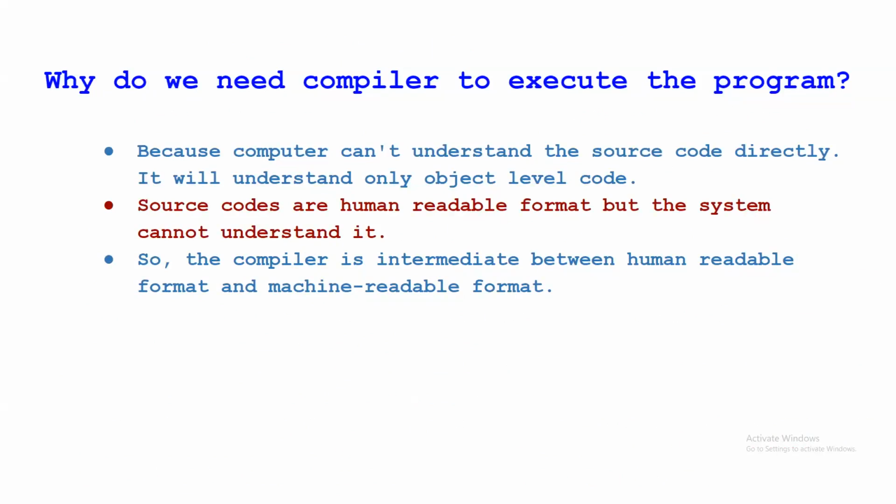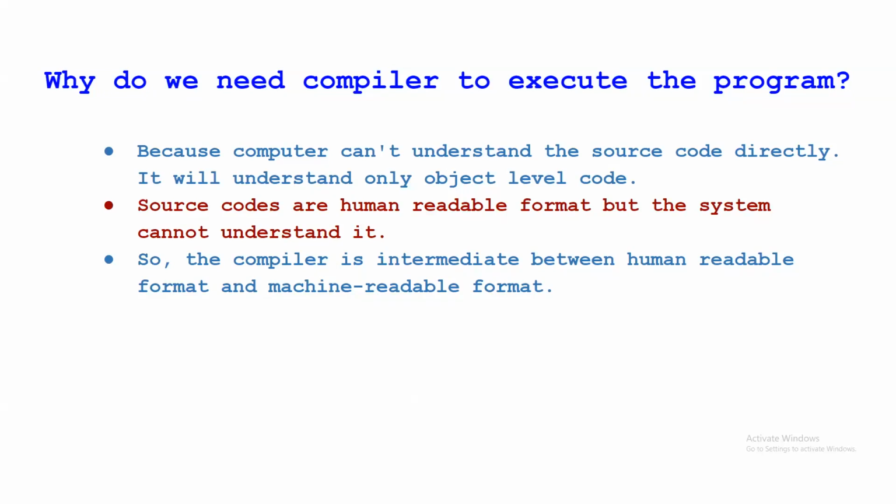So the computer only understands the object level code, or we can say machine code. Source code is in a human readable format, but the system cannot understand it. Right? So the compiler is intermediate between human readable format and machine readable format. So this is about the compiler. If you have any doubt with this, you can ask me, please.